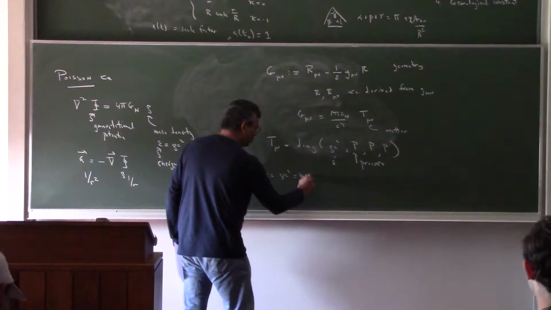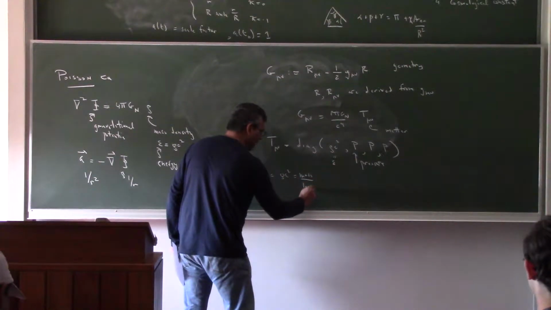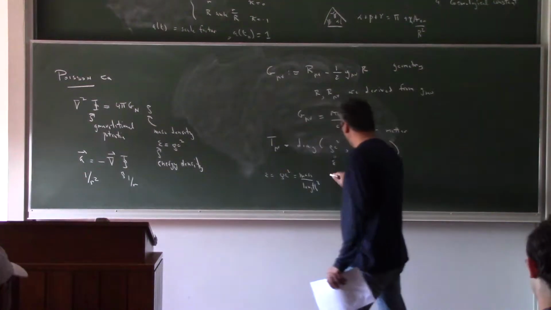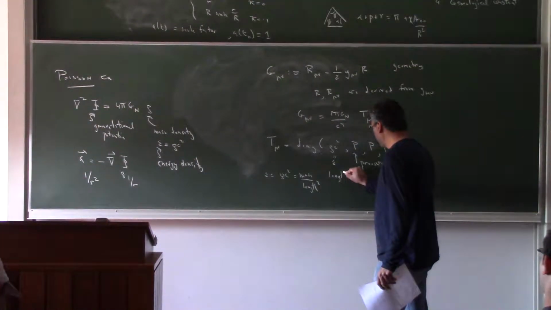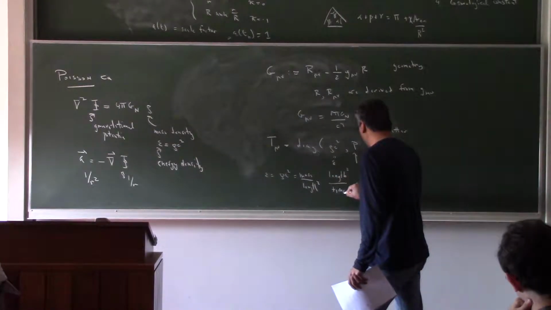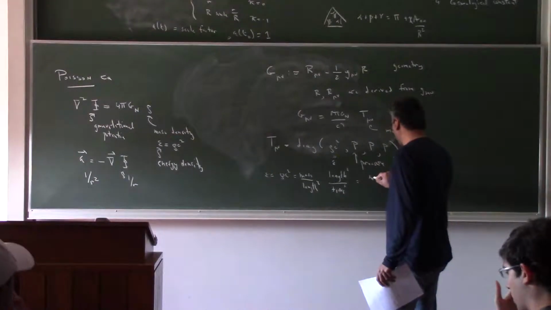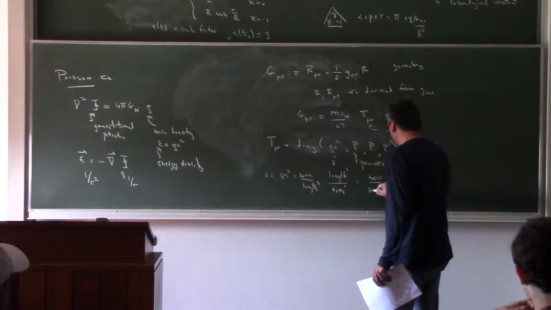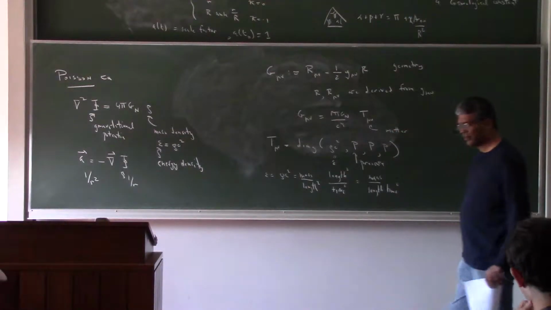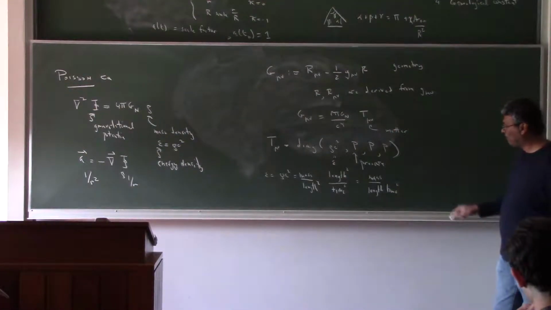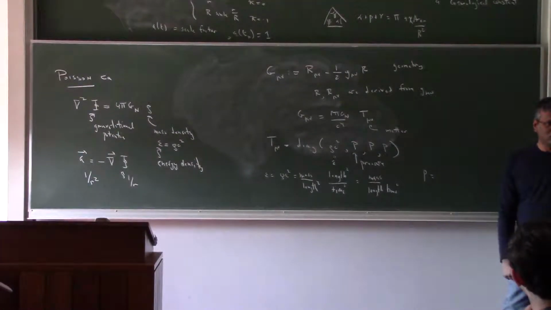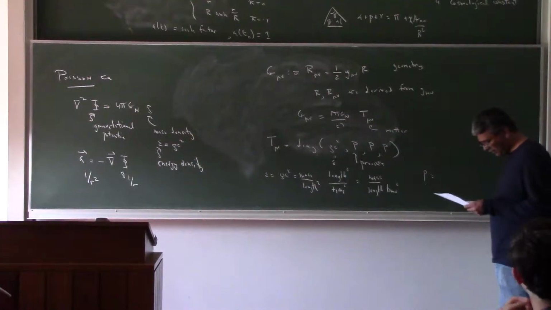This is mass per volume, so mass per length cubed, times c squared, which is length squared per time squared. So this is mass per length times time squared. Okay? So what's pressure defined as? Force per unit area.